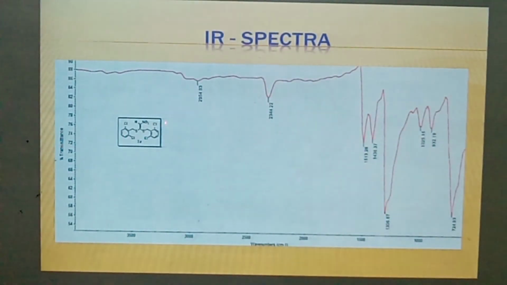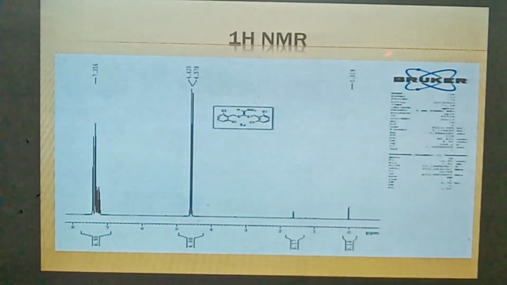Next, for IR, we have the nitro group as a functional group. So here 1530 and 1436 were measured, for the nitro group substituted with olefin and two sulfur atoms. And then in the H1 NMR, we have an olefinic proton and two CH2 groups, that is two CH2 protons, and aromatic ring protons. The two CH2 protons differ because this molecule is unsymmetrical.